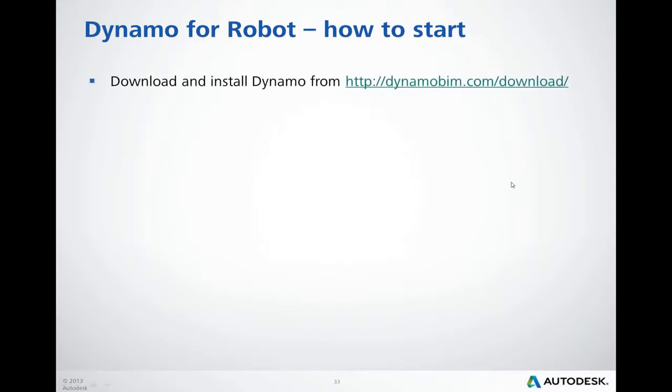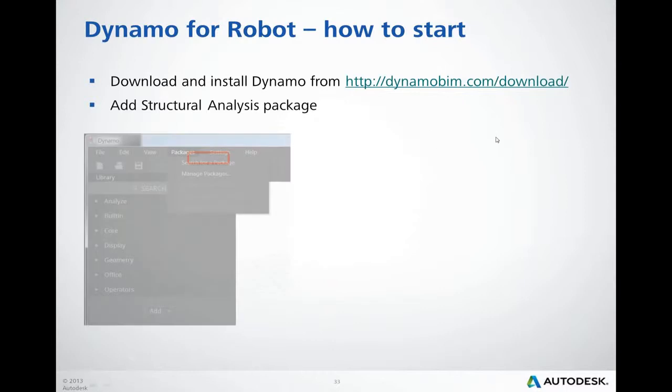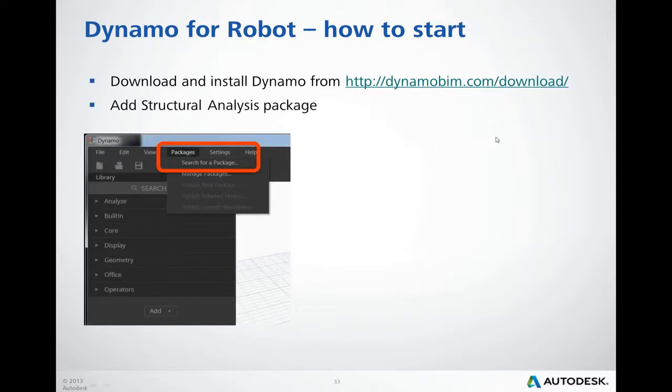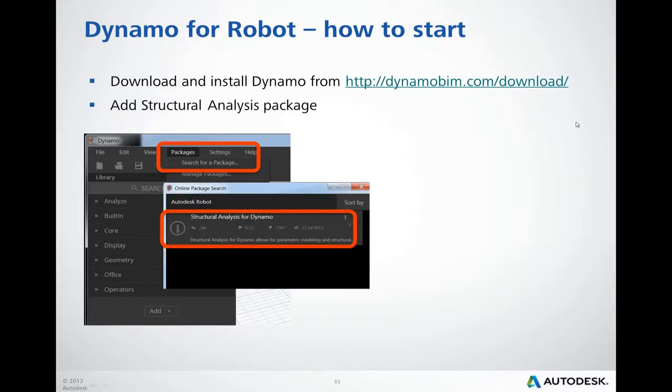To install Dynamo, it's required to go to this link and download Dynamo. Then, after starting Dynamo, the Robot Structural Analysis package must be found, downloaded, and installed.